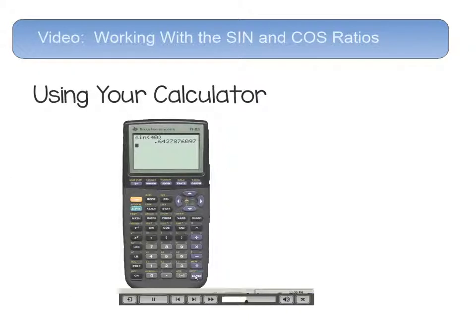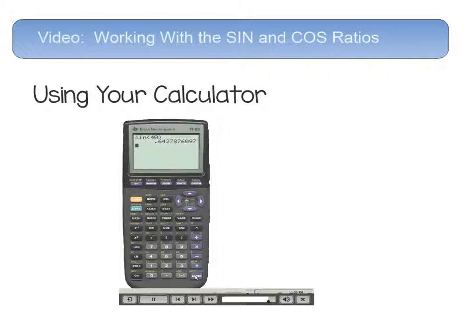0.6427876097, but we were asked in the question to express it to 4 decimal places. So we need to look to the 5th decimal place. If it's 5 or more, we will add 1 to the 4th decimal place. Since the 5th decimal place is 8, we need to round the 7 to an 8.